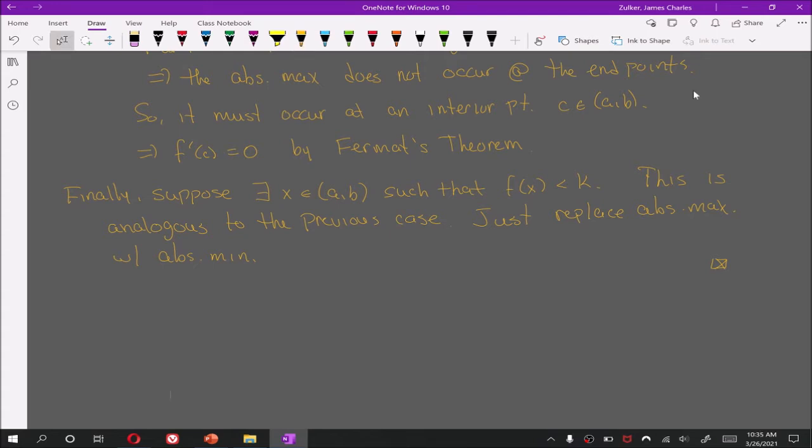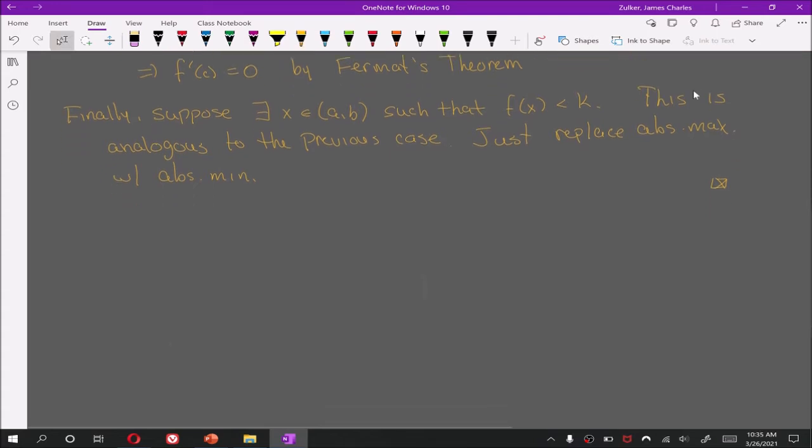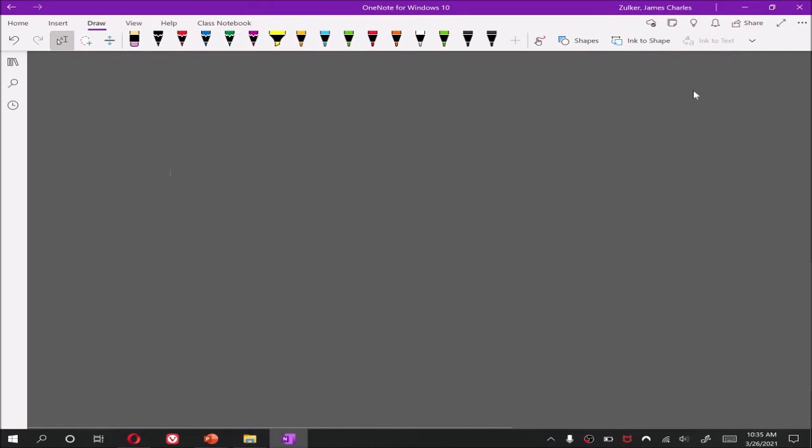Now we will use Rolle's theorem to establish another important result in mathematics known as the mean value theorem, or the MVT.